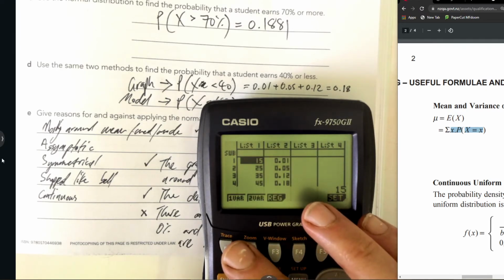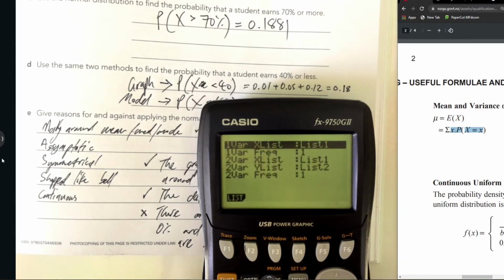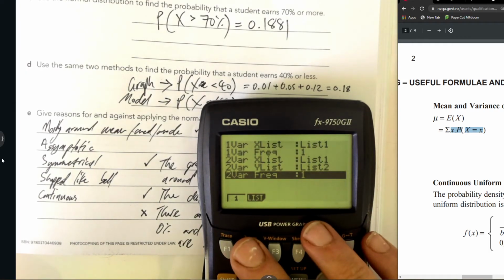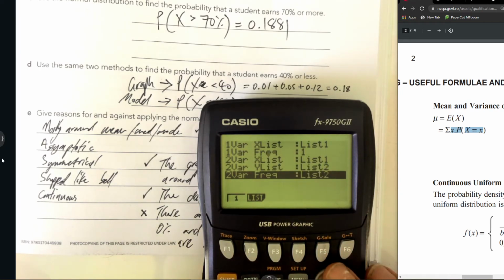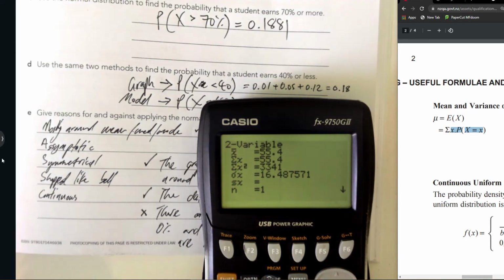No, I don't want to do regression. X bar 55. Maybe this is what I need to do. My bad.